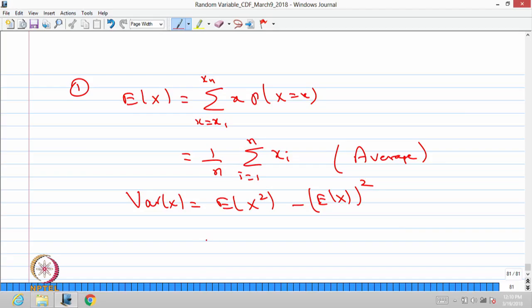Since the probability mass function at those points is 1 by n, this is going to be 1 divided by n summation i is equal to 1 to n xi square, minus 1 by n summation of xi, i running from 1 to n, the whole square. If you do the simplification you can get it, and in a similar way you can get the MGF also.